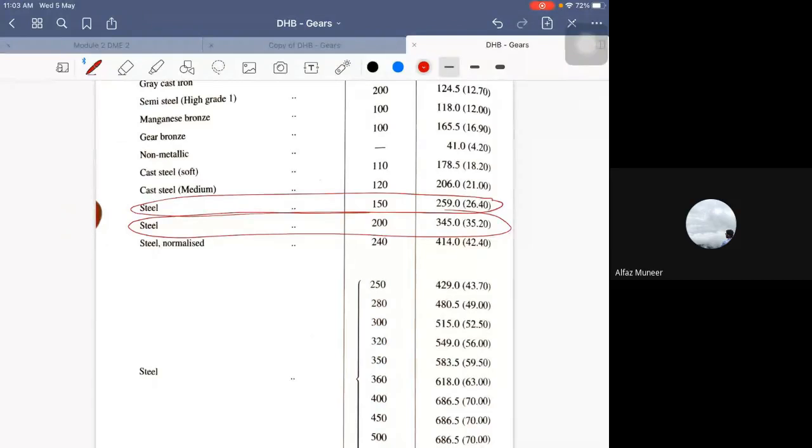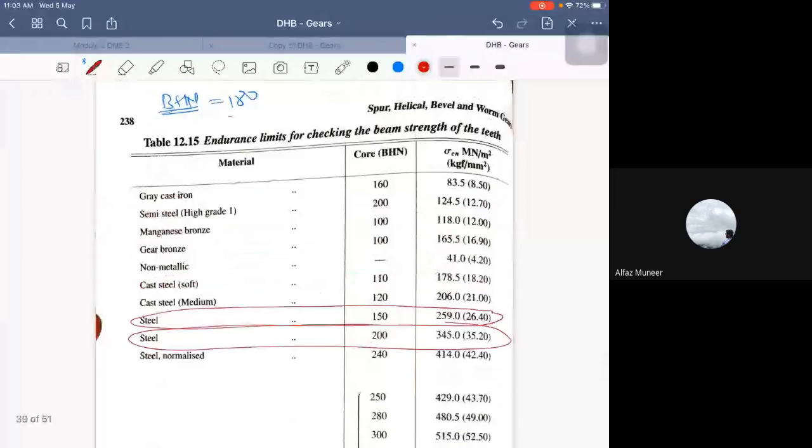I should have the value for 180. Is there anything close to 180 in cast steel or steel? Any values closer? It is 150 and 200.